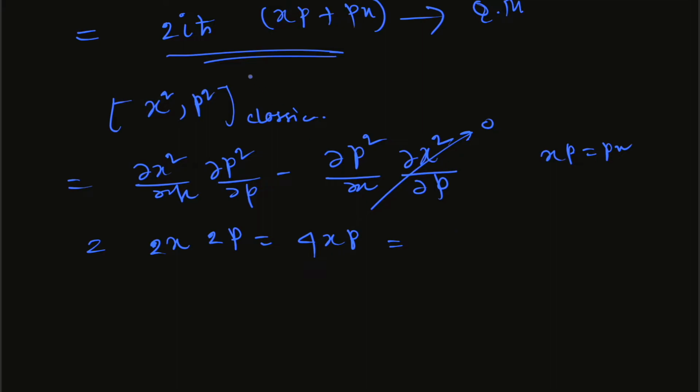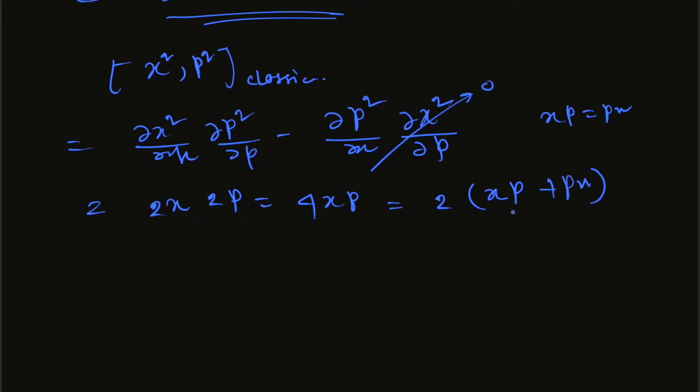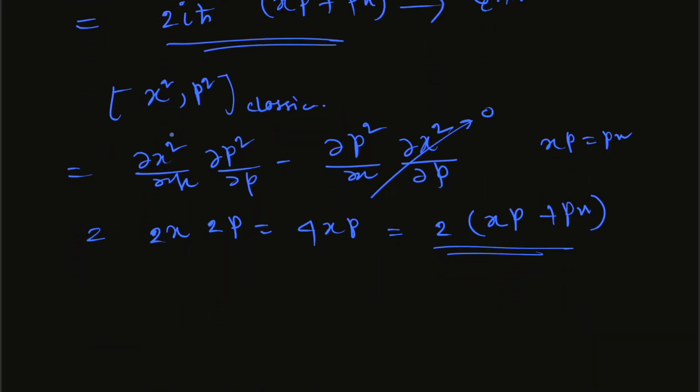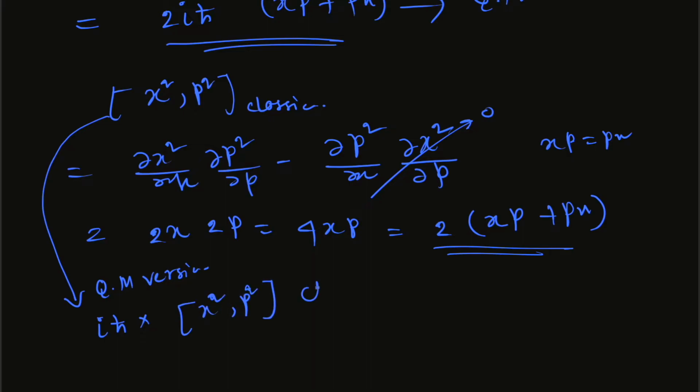So let us write it in this fashion: 2(xp plus px). Again from here we can see that we get the classical version of the quantum mechanical result. The quantum version of the classical Poisson bracket is obtained if we multiply the classical result by iħ.